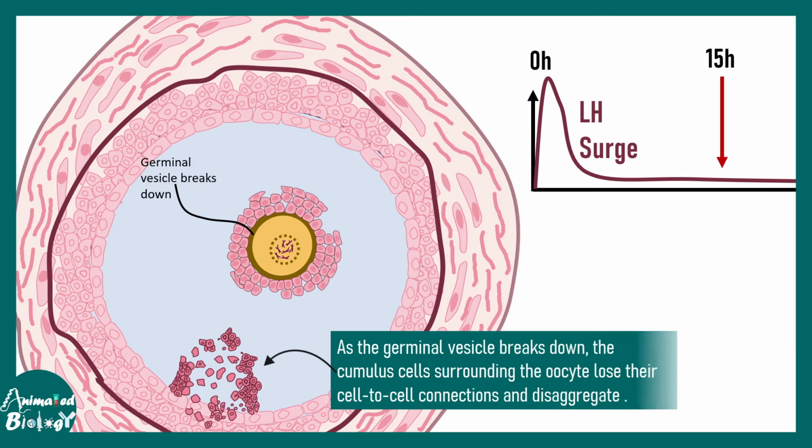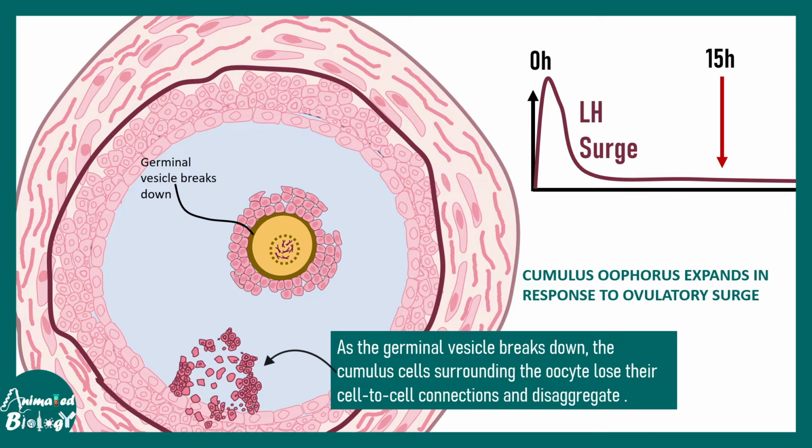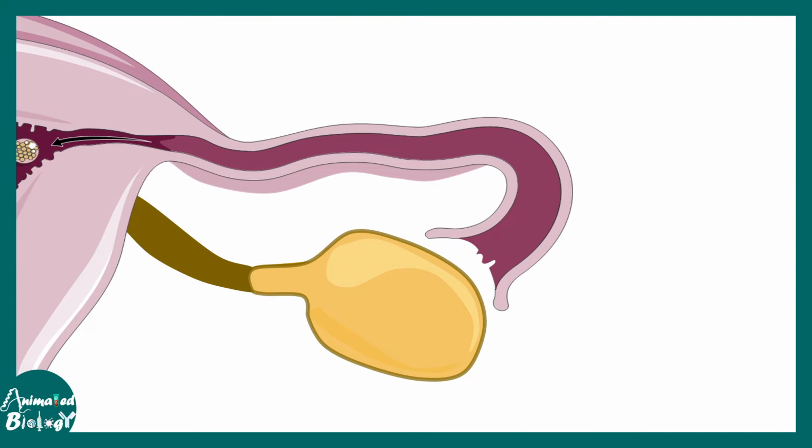Why is that so? Because the germinal vesicle breaks down and the cumulus cells surrounding the oocyte lose their cell-to-cell contact. They are no longer adhered nicely. That is why the stalk is broken and the oocyte is released into the follicular antrum. So the cumulus oophorus expands in response to the LH surge.